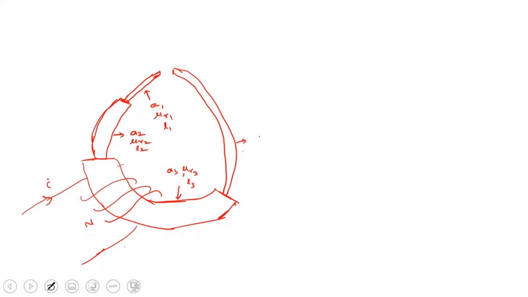This one has A4, mu R4, and L4. And we have this air gap, with air gap length LG and cross-sectional area AG. So what is mu RG here?